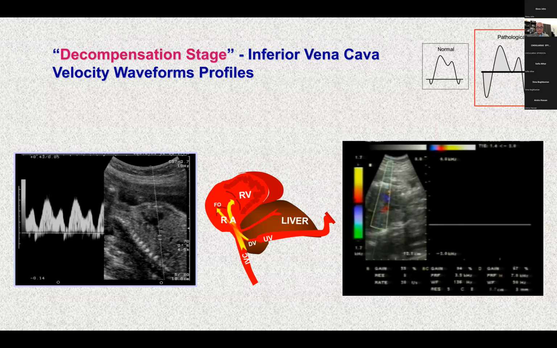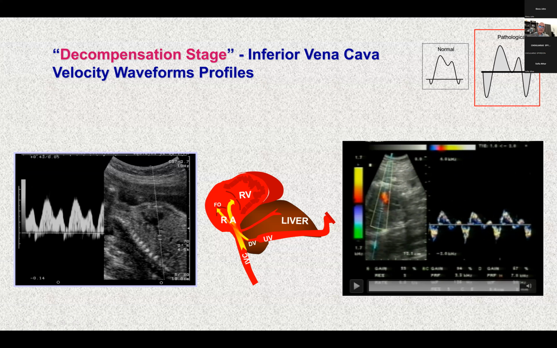And again, the waveform profile in this situation is related to the incipient heart failure and the hemodynamic events that are occurring in this condition in the right side of the heart, and particularly in the right atrium, that produce this alteration in both inferior vena cava and the ductus venosus.